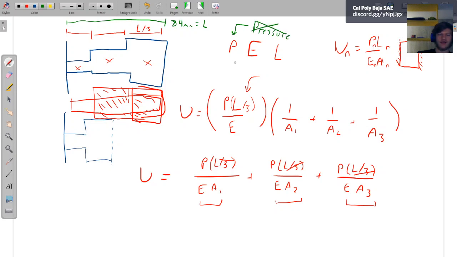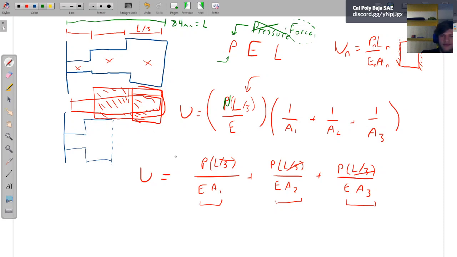This is just another name for a force. We just call it P because that's what the variable gods decided. We could call it N, it doesn't matter. We can call it whatever letter we want, but at the end of the day, this is still a force, not an area.